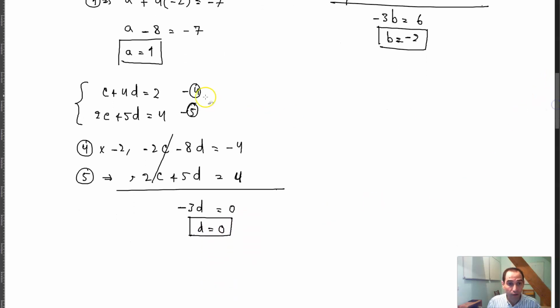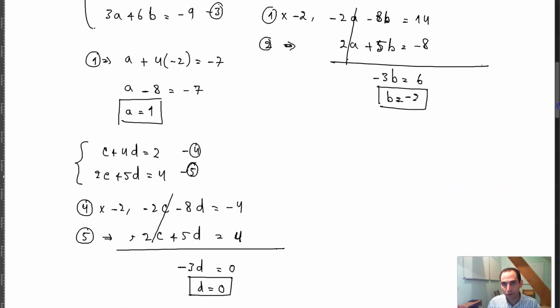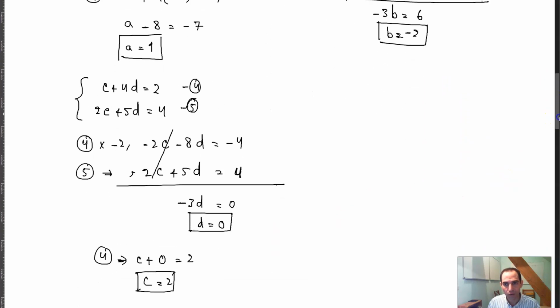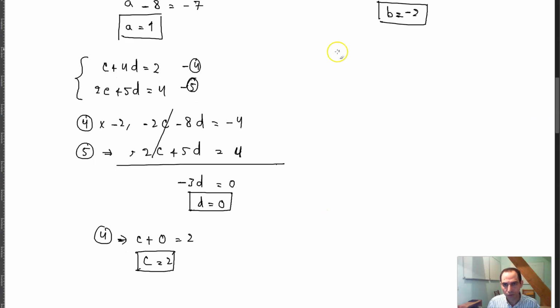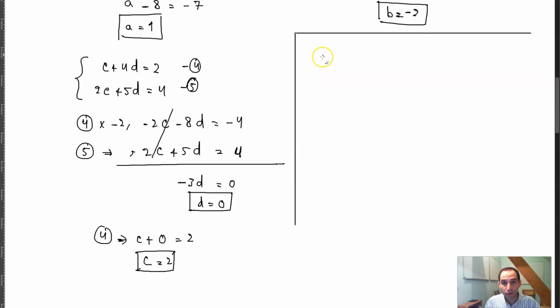And that gives me access to C, which is basically equation number 4. I can write C plus 4 times 0 is equal to 2, which means that C is equal to 2. So A is equal to 1, B is equal to negative 2, C is equal to 2, and D is equal to 0.